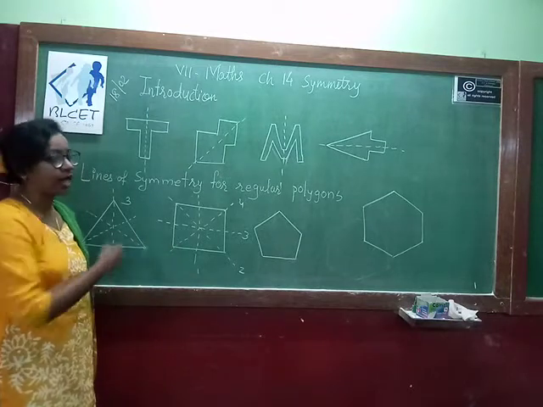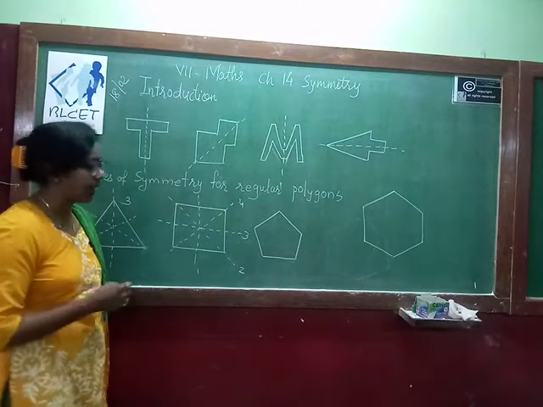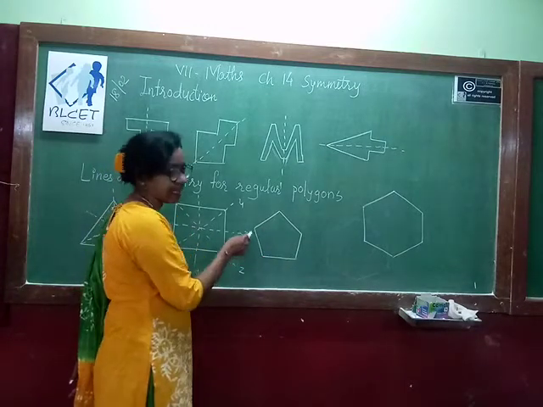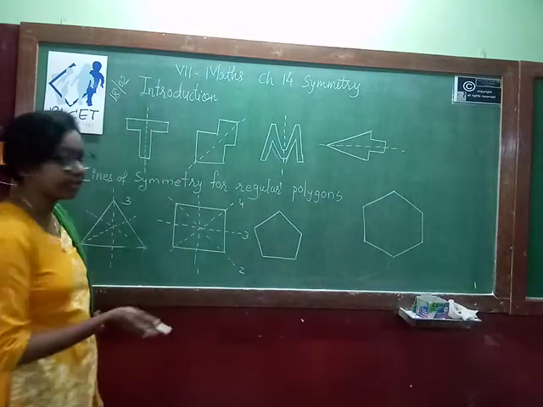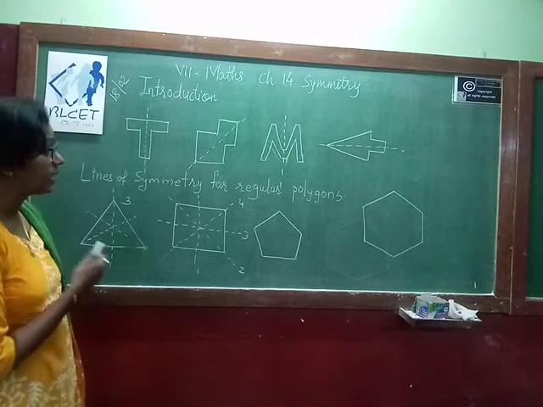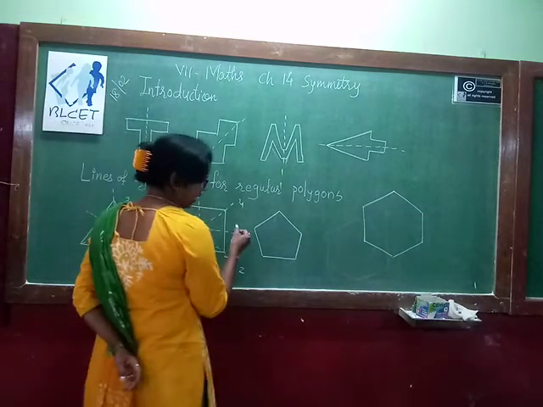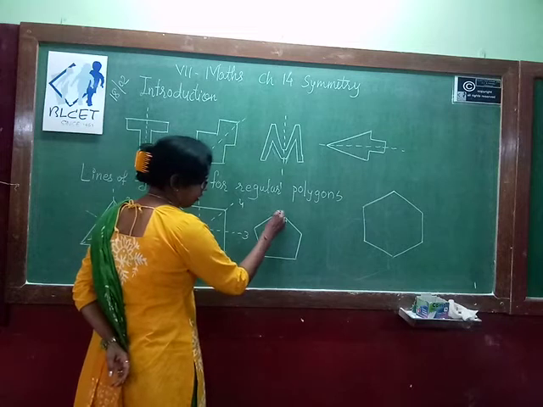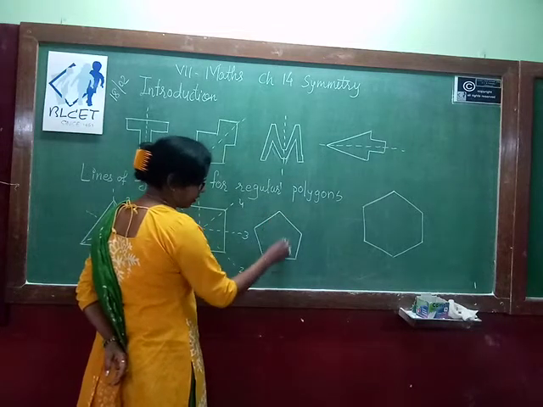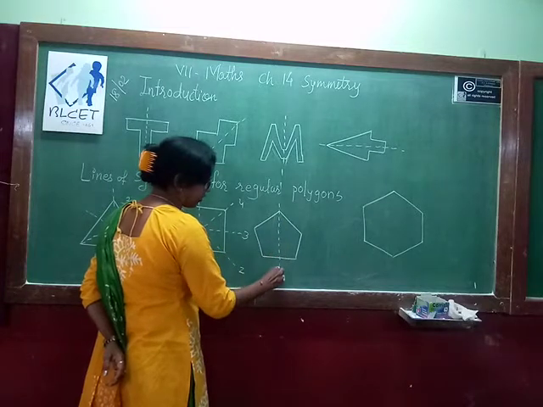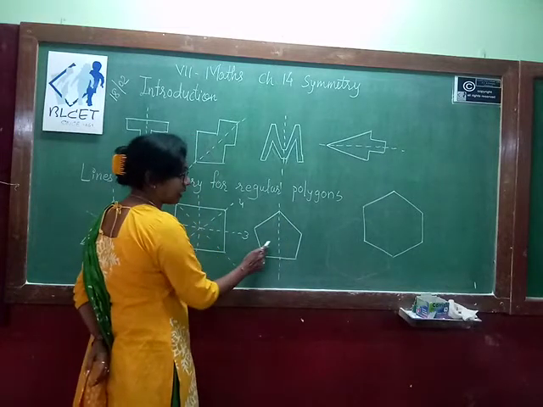Why? Because this is a regular polygon, or you can say a square. Then we have pentagons, which have 5 line segments, and the measure of each line segment is equal. Let's see how many lines of symmetry you get. The same method we have to follow. From a vertex we draw the line which divides the opposite line segment into 2 equal parts, so these two parts are identical.